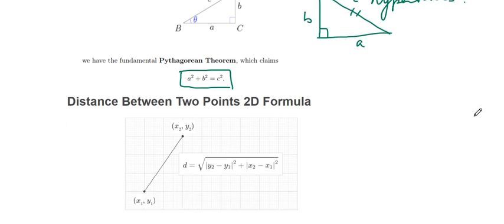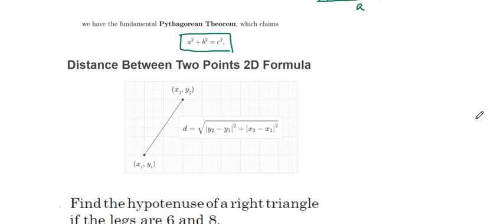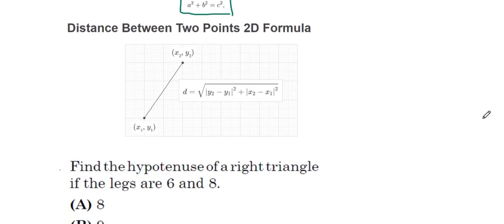So based on this, we can also get the distance formula between two points in rectangular coordinates. Like if this point is (x1, y1) and this point is (x2, y2), what is the distance D?